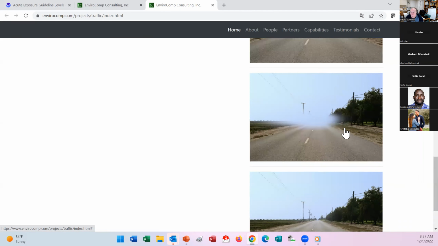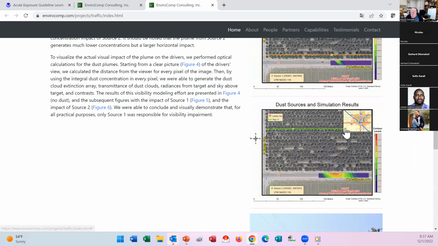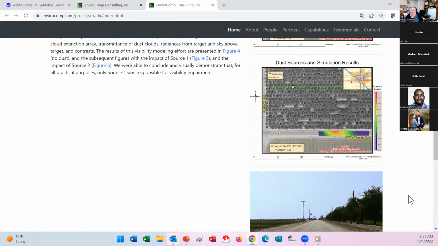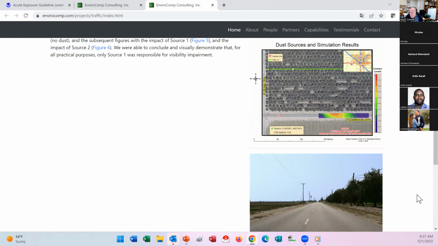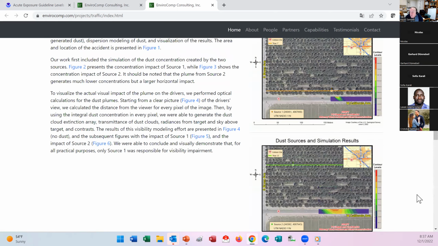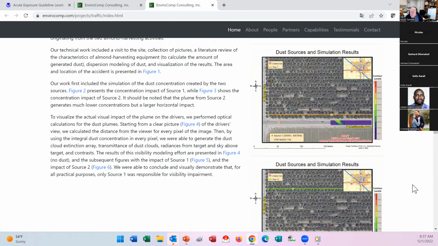So this is an example of an air pollution modeling application where concentration results are not enough. You need to do more. What we did was create synthetic plumes, proving that the only machine that was really affecting the visibility, and perhaps contributing to the car accident, was machine number one, working very close to the road.